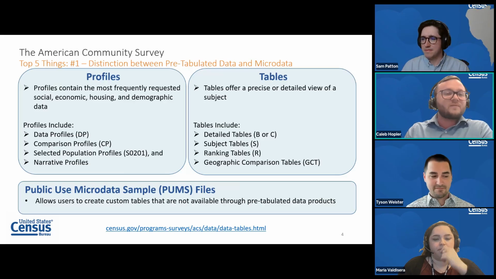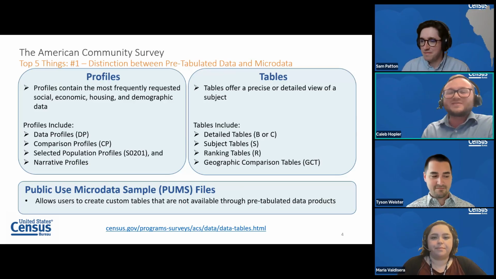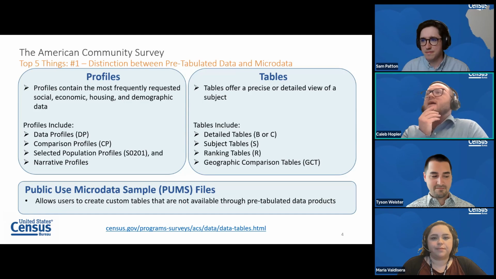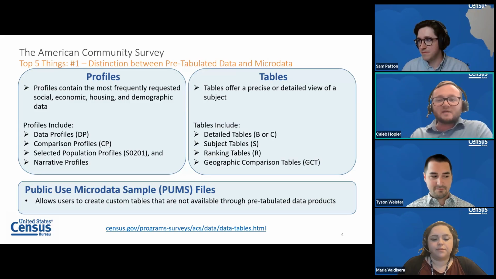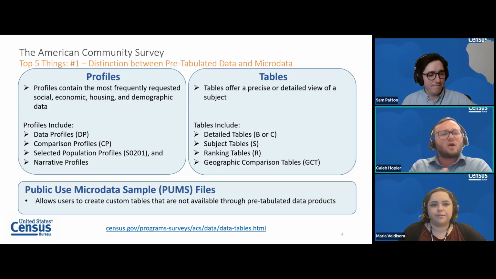So, our top 5 things, number 1. Essentially we have pre-tabulated data, and then we have microdata. The pre-tabulated data are products that are already created for you, and typically they are in profile or table format.